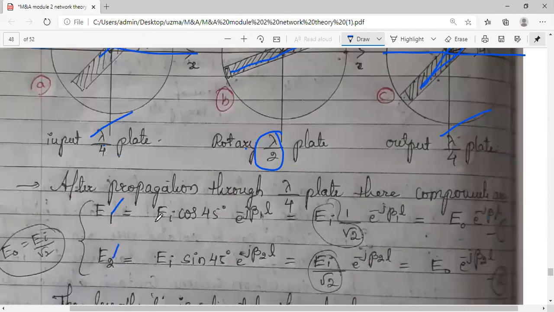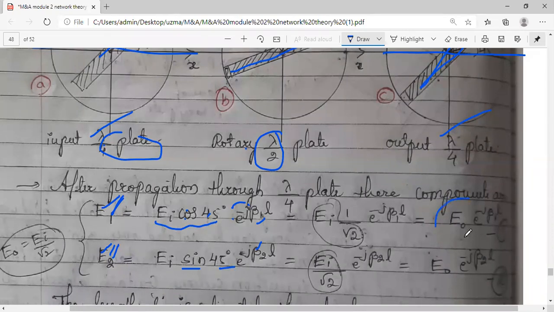E1 and E2 are EI cos 45, the horizontal component, and EI sin 45, the vertical component. When they pass through the plate of length L, the phase is beta 1 for the first component and beta 2 for the second component. Let us consider there are two different phases, beta 1 and beta 2, for the horizontal and vertical components: e raised to minus j beta 1 L, e raised to minus j beta 2 L.